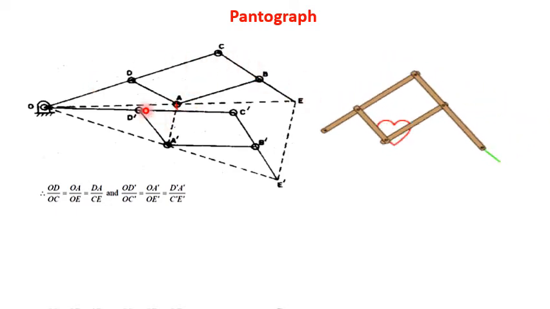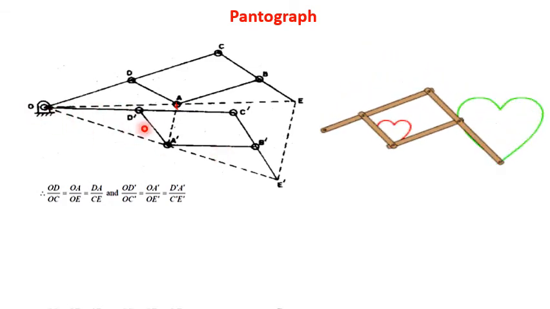For the second position, OD dash by OC dash is equal to OA dash divided by OE dash, which is equal to A dash D dash divided by C dash E dash.